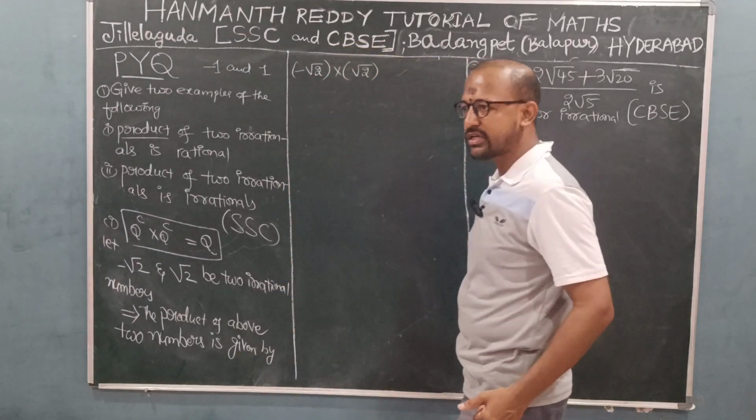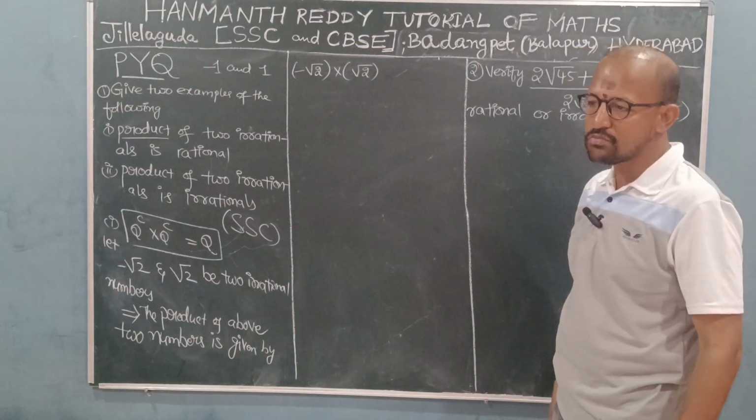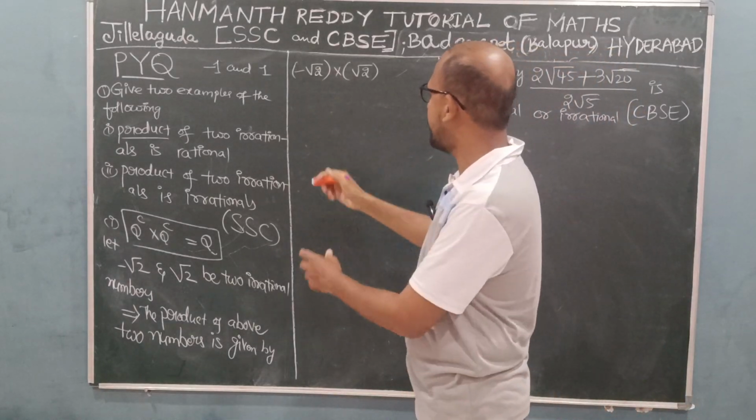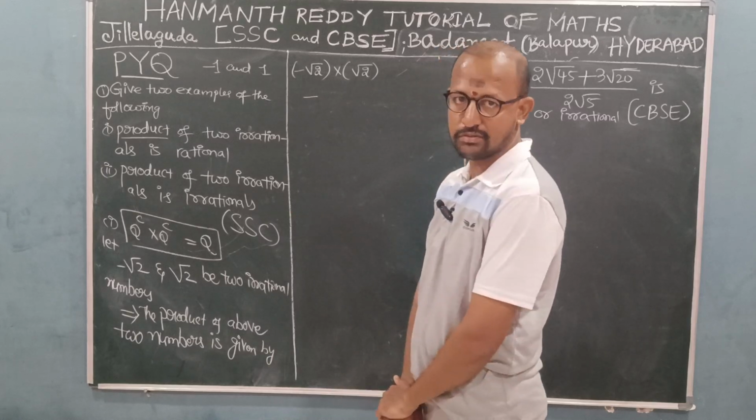Since it is multiplication, we will also multiply the signs. It is a negative number, this is a positive number, minus into plus is minus. So the final sign is minus.